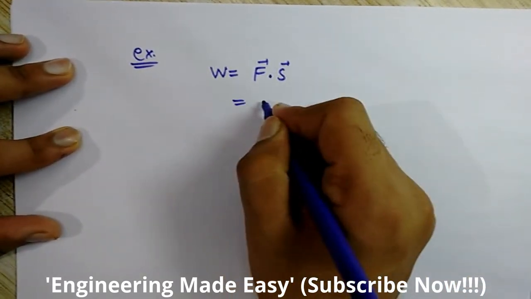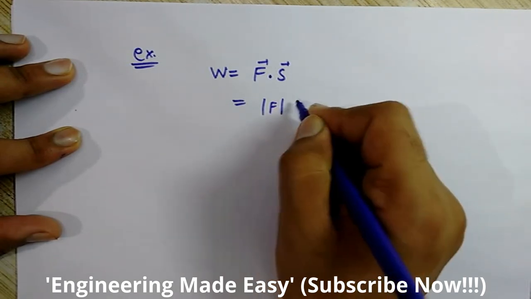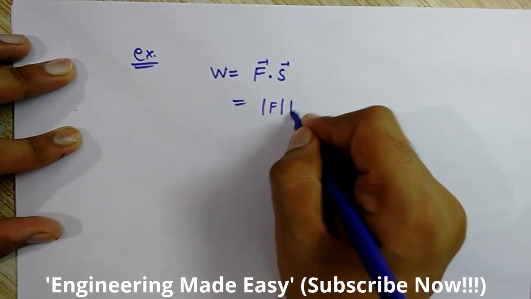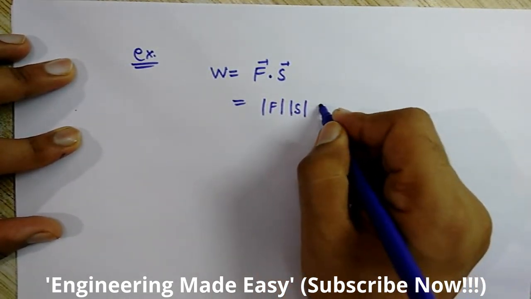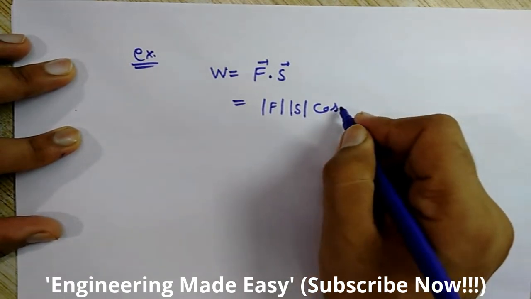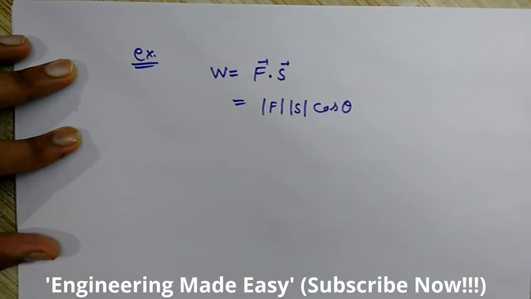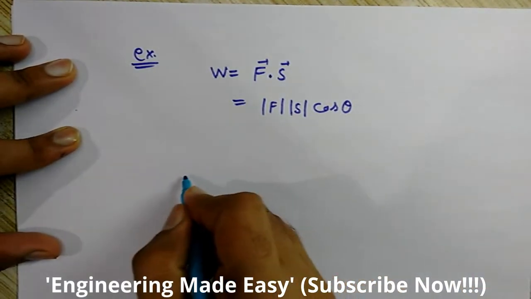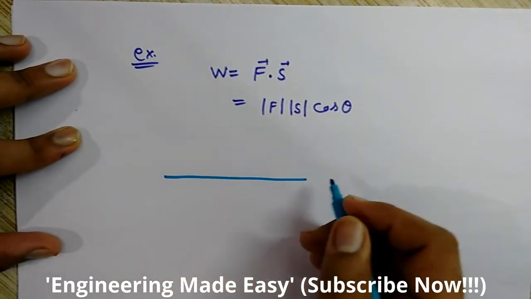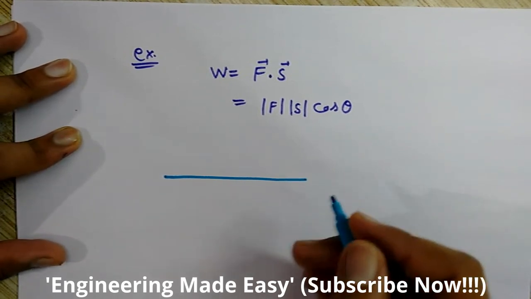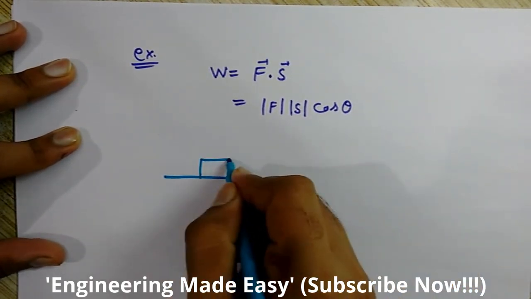So we know by definition that it is equal to the magnitude of force into the magnitude of the displacement and cos theta. Theta is the angle between these two vectors. Let me draw a very important and very interesting figure.